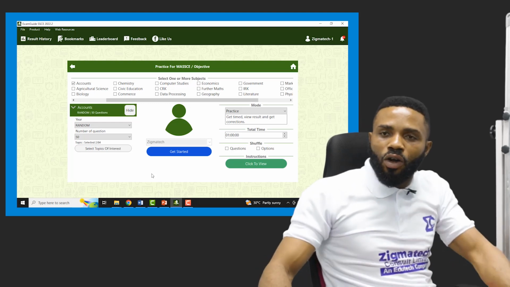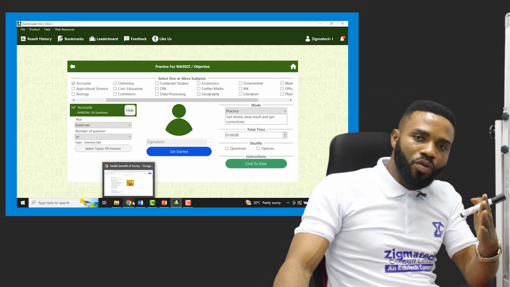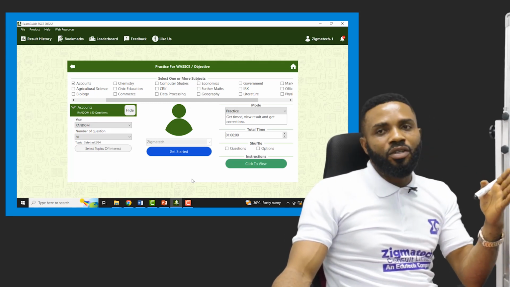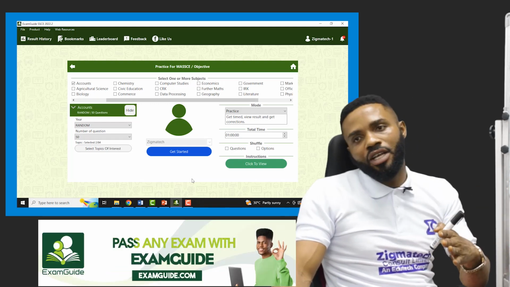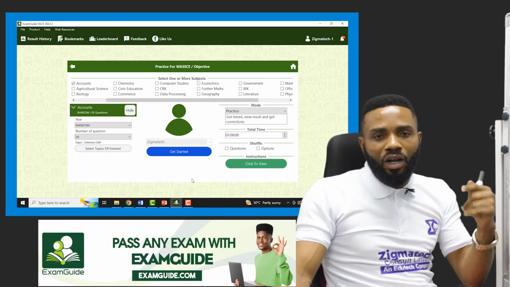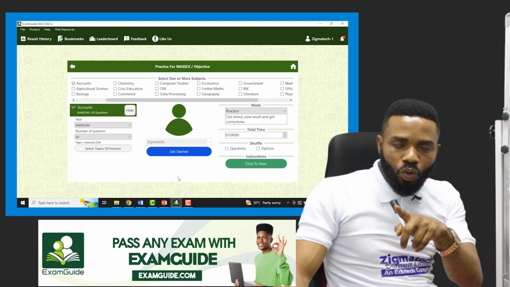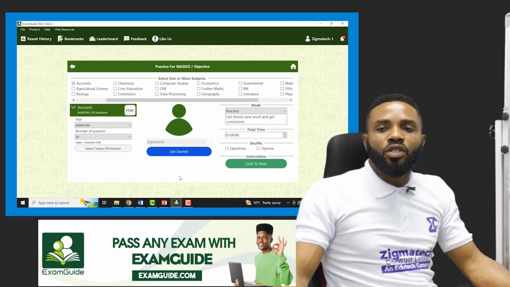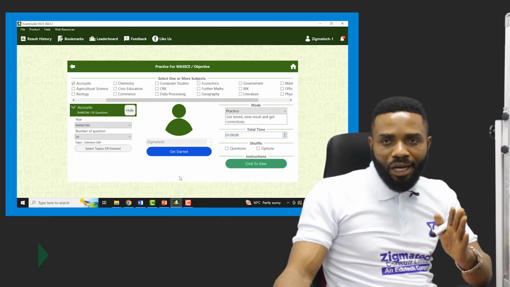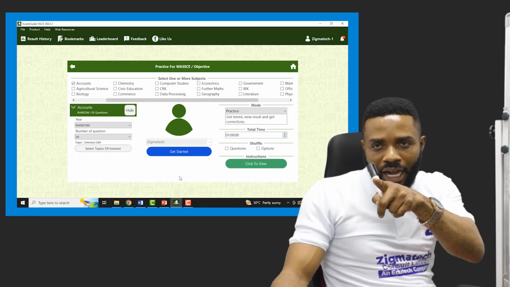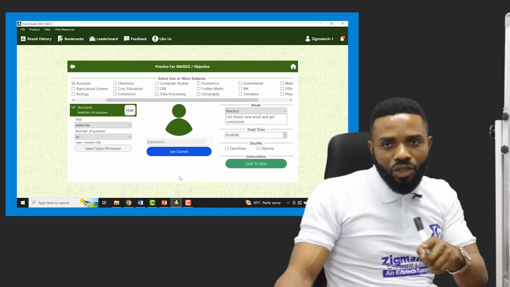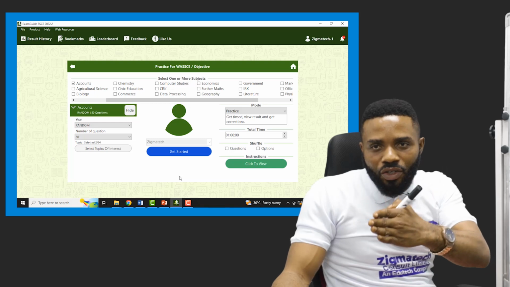Now, when you click on your exam guide, you'll be seeing options. If you see WAEC, and then you see practical theory, and then you see objective. If you click on objective, it will take you to this particular page. And then because the subject matter is accounting, that's why the accounting there is clicked. And then when you click on account, you see options. You see the year.